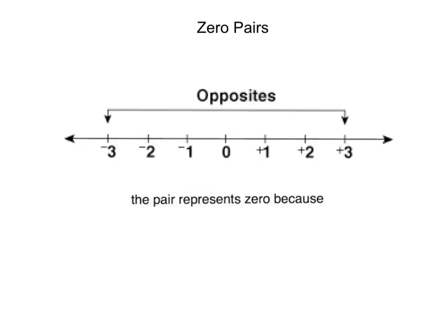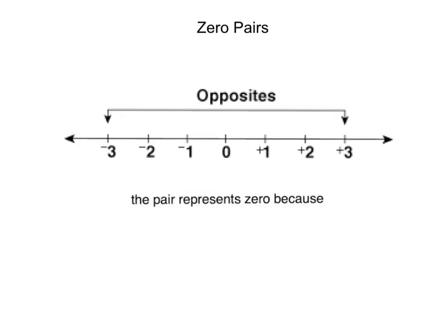On the number line you see in front of you, you'll notice that there's an arrow pointing across from -3 on the left-hand side to +3 on the right-hand side. These integers are the same distance away from 0, but in opposite directions, which makes them opposite integers.